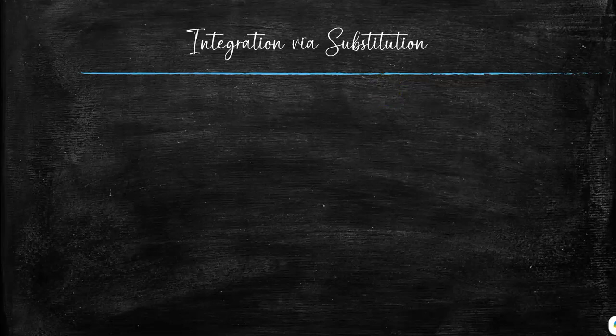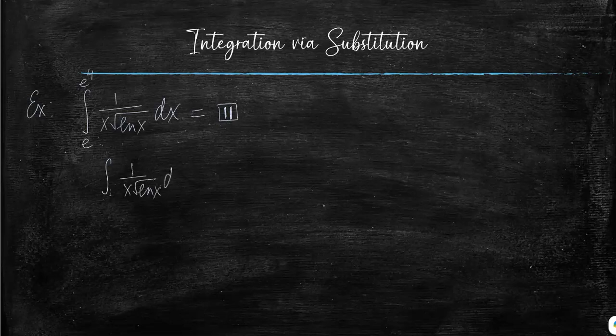So, for example, if you're trying to integrate, this is sloppy notation, 1 over x square root of ln x dx, and you're trying to do a definite integral and integrate this from e to the 4, you can hit the pause button here and say, well, let's first find the antiderivative of this function, right? And then you do your substitution here.